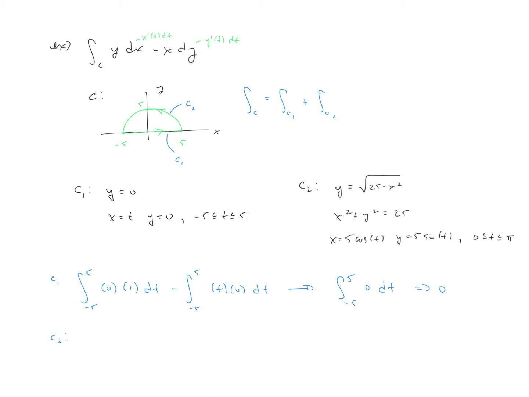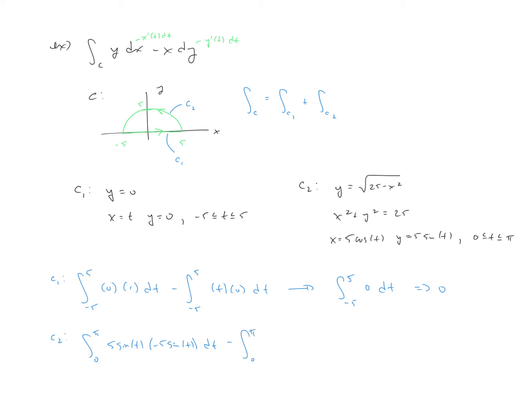For our second curve here, this is going to be 0 to pi, and we're focusing on these things right here now. We've got our y, which is going to be 5 sine t, followed by x prime t dt. So x prime here would be a negative 5 sine t, and then our dt, minus from 0 to pi.